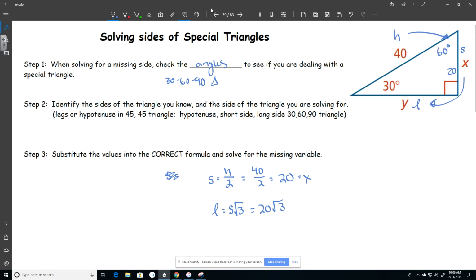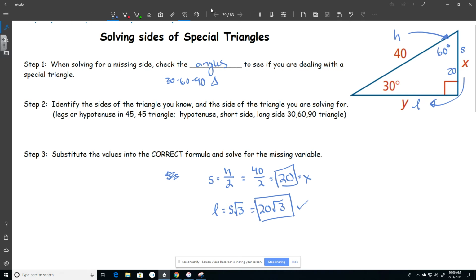And the nice thing about this homework assignment is that right there is going to be your answer. It doesn't want ugly decimals. For the most part, most of them will say use radical form, and square root of 3 is already simplified. So this right here would be your answer, 20 square root 3.